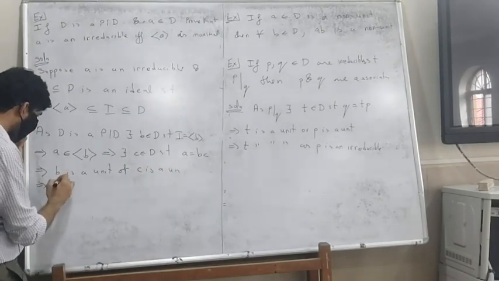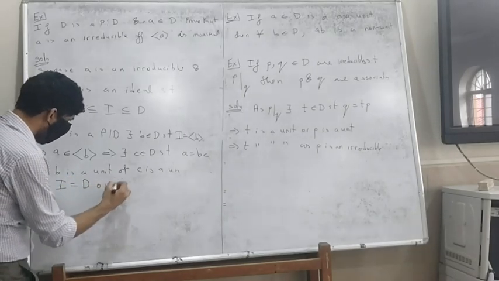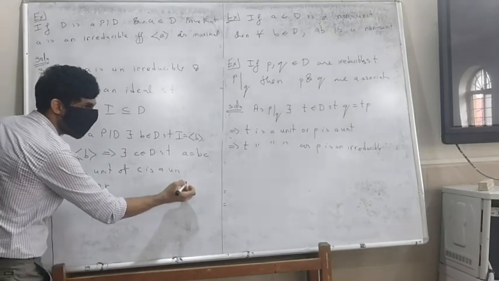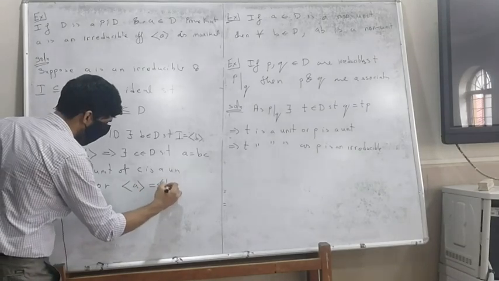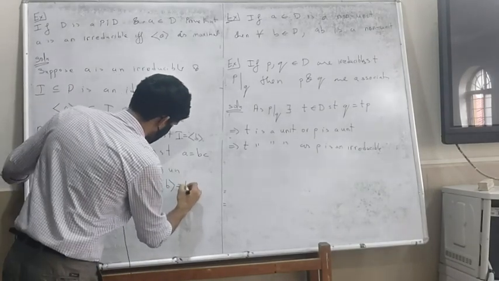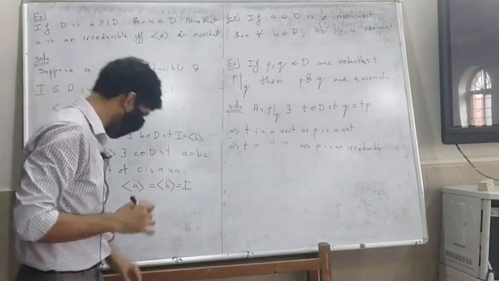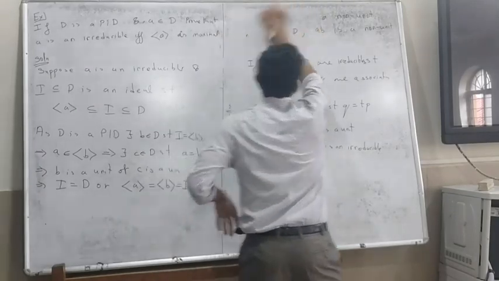If B is a unit, I will be equal to the entire ring, or if C is a unit, A will be an associate of B, or in other words, the ideal generated by A will be the same as the ideal generated by B, which is I. So a simple proof gives you that if A is an irreducible, then the ideal generated by A is maximal. Let's prove the other case.